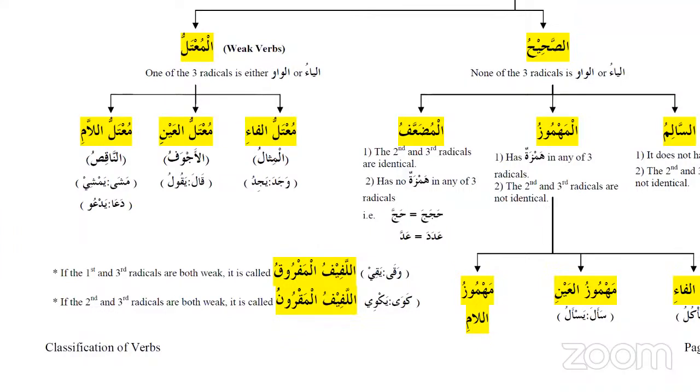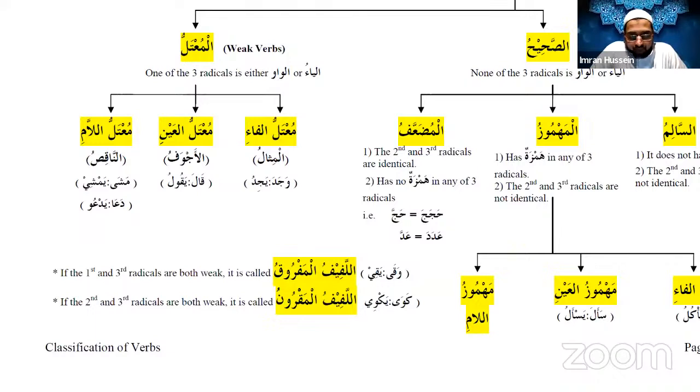If the first and the third radicals are both weak, it is called al-lafif al-mafruq. Laffa yaluffu means wrapped. So al-lafif means that the first letter and the last letter are wrapped with a weak letter.